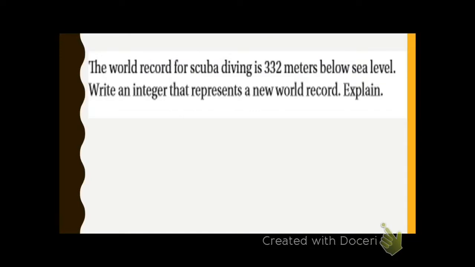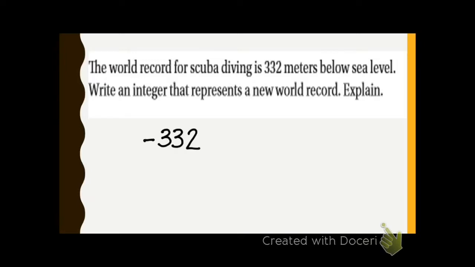All right, let's look at this example. The world record for scuba diving is 332 meters below sea level. Write an integer that represents a new world record and explain. If he's going below sea level, how do I represent that? I would write -332. Now, it says write an integer that represents a new world record. So if you wanted to break this world record, what would you do?